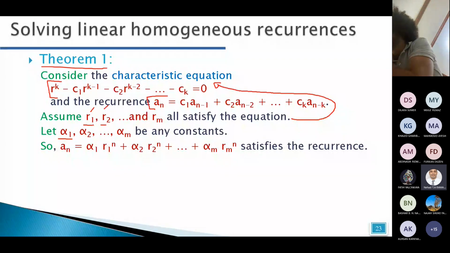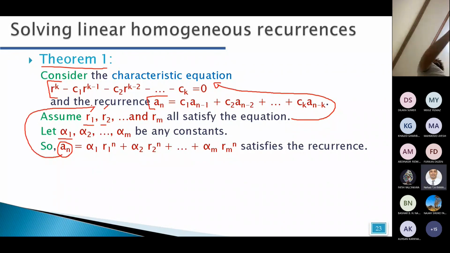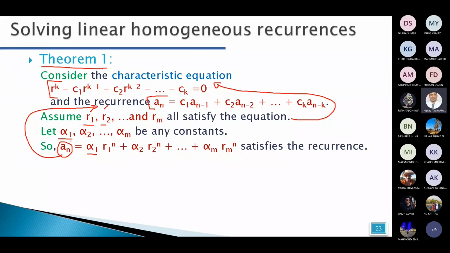If we have two solutions, then two constants, and a_n, which is the sequence or the solution for the recurrence relation, is alpha 1, the first constant, multiplied by r1, the first solution for the characteristic equation, power n, plus alpha 2, another constant, times r2, another solution for the characteristic equation, power n, and so on.